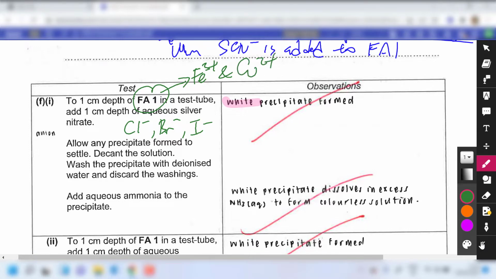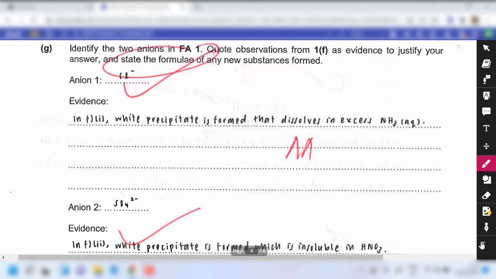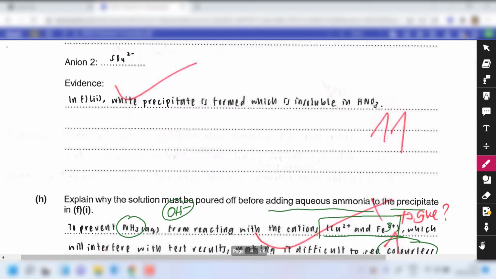And in the presence of aqueous ammonia, because aqueous ammonia ionizes partially to give us OH minus, you would expect iron 3 hydroxide and copper 2 hydroxide to precipitate out as well, which will cloud our observation. And indeed, this is the question being asked in the later parts.